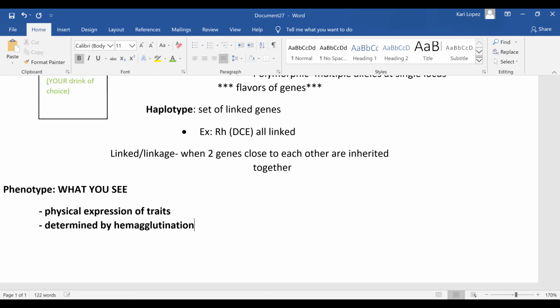Determined by hemagglutination, RH antigen, physical expression of traits. Determined by hemagglutination of red blood cell antigens using anti-sera. So what is that?